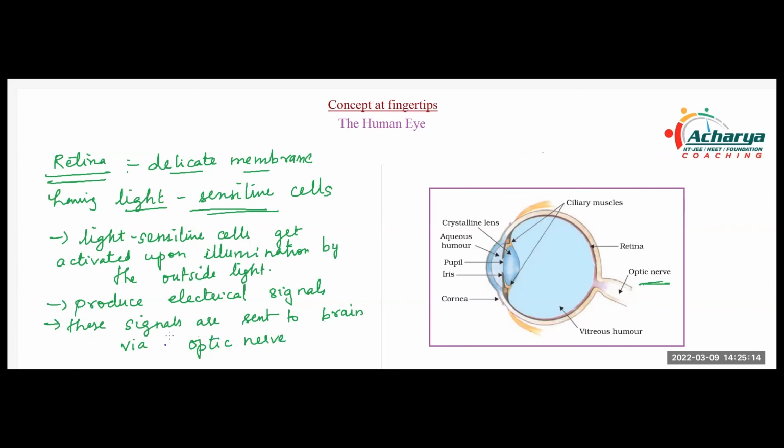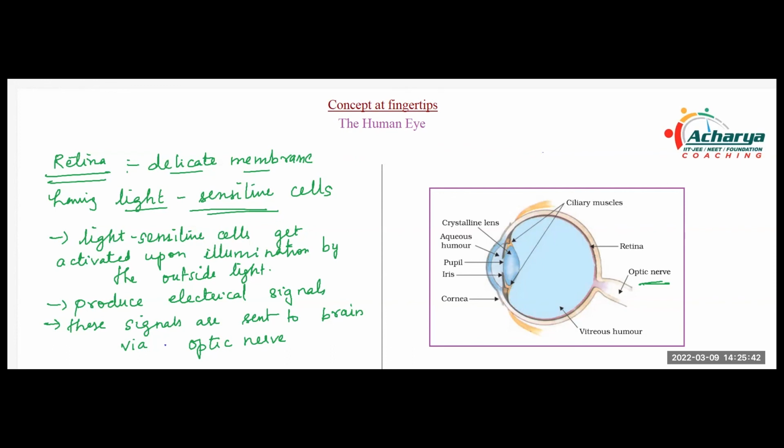The signals produced by the light sensitive cells in the retina are sent to the brain through the optic nerve. Finally, the brain interprets these signals and processes the information so that we see the image of the object.